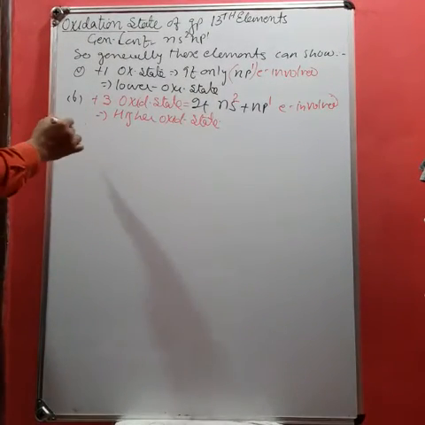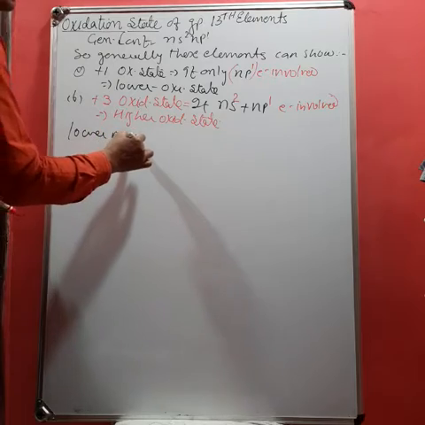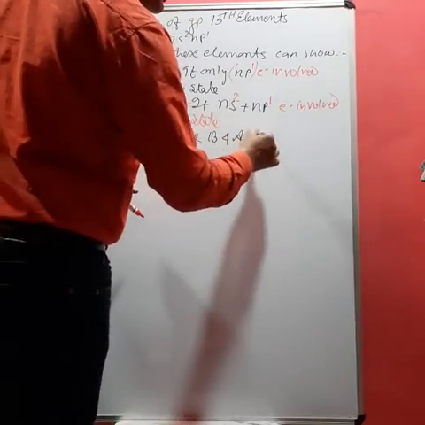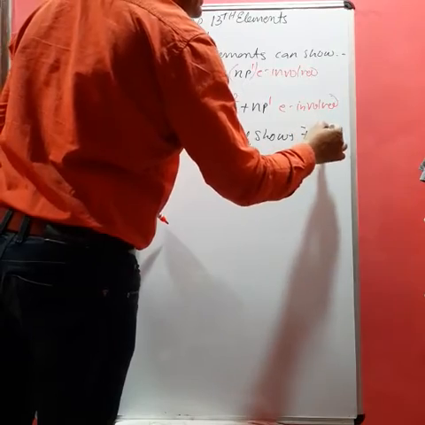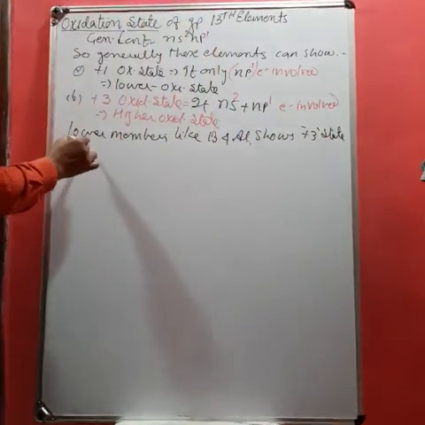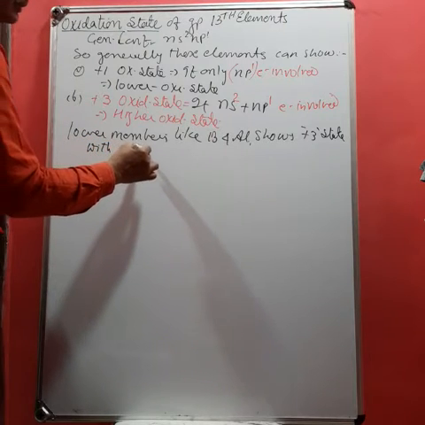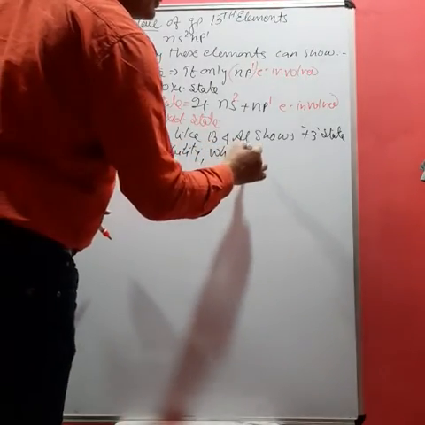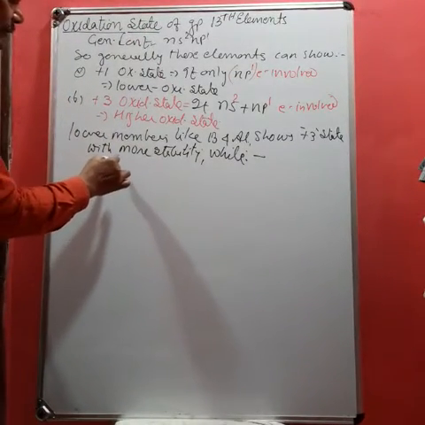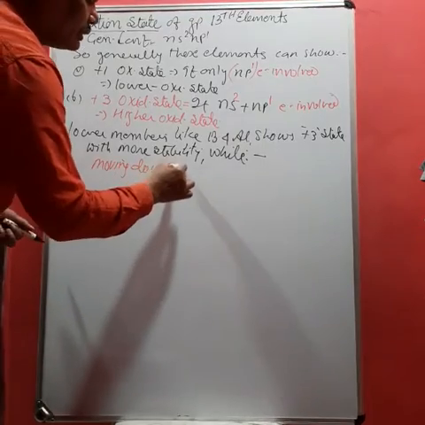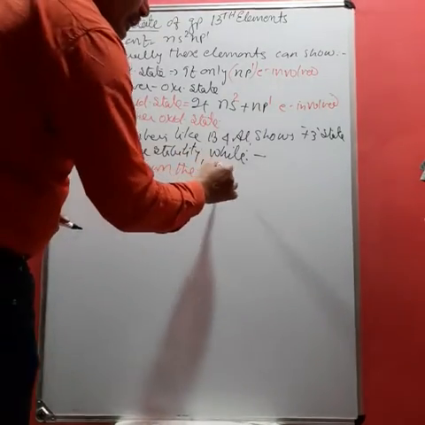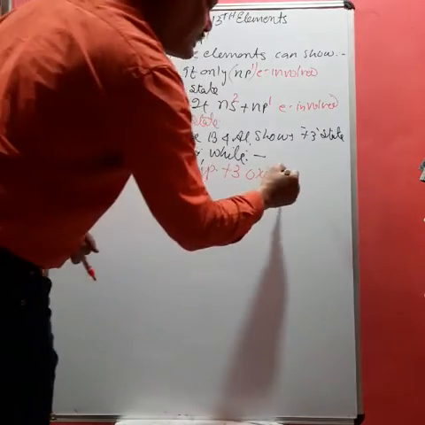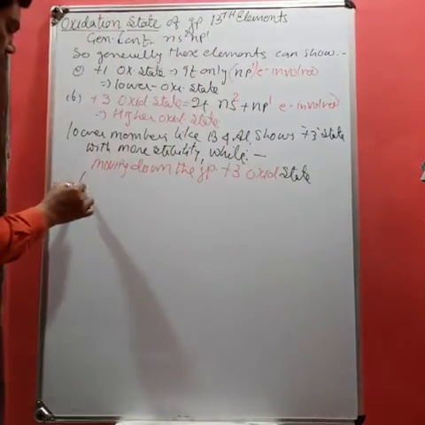Lower members like boron and aluminium show the plus 3 state with more stability, while moving down the group, the plus 1 oxidation state becomes more stable.